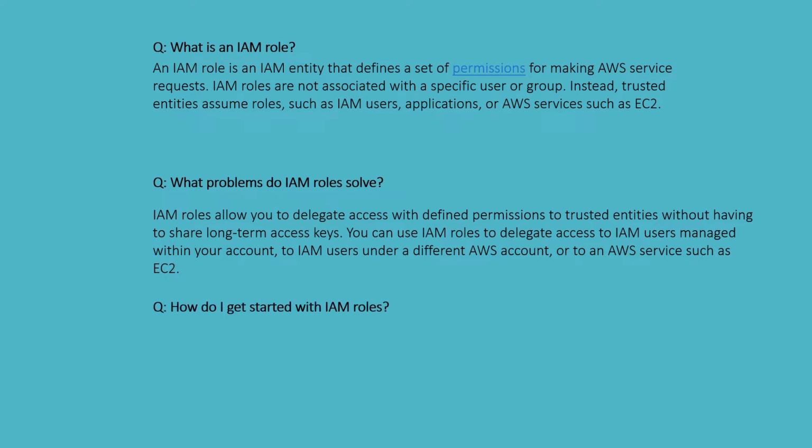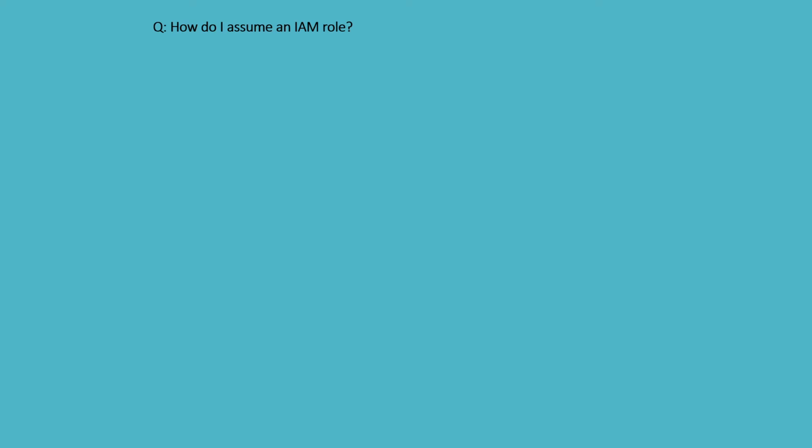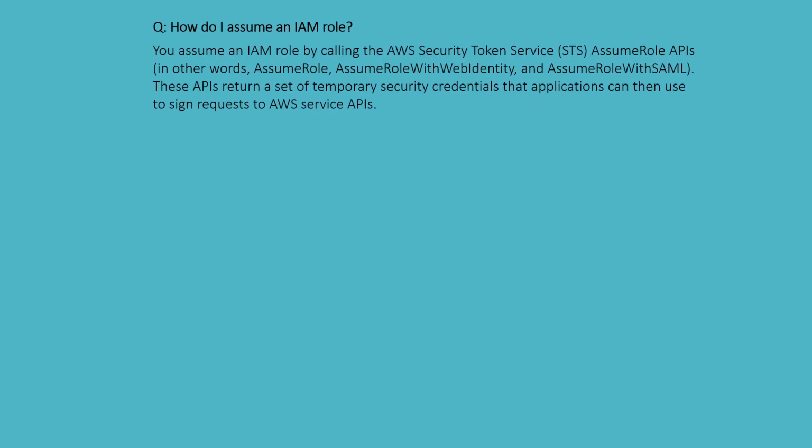How do I get started with IAM roles? You can create a role in a way similar to how you create a user: name the role and attach policies to it. How do I assume an IAM role? You assume an IAM role by calling an AWS Security Token Service, STS, AssumeRole API.